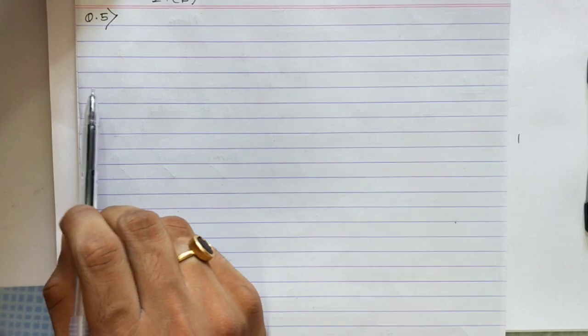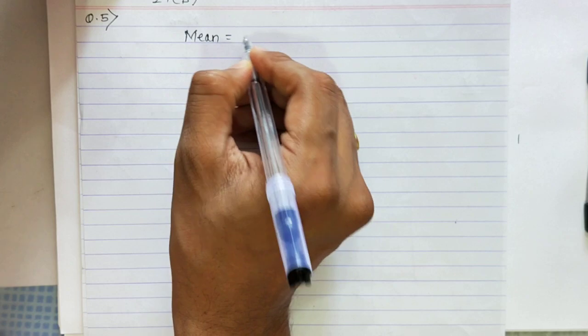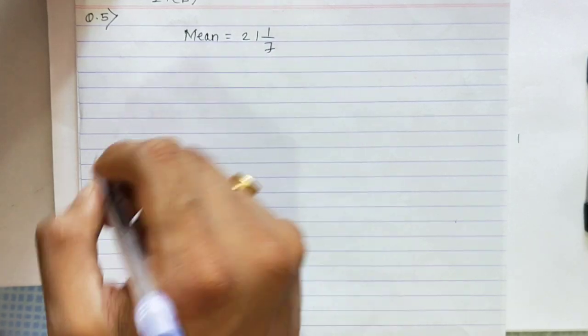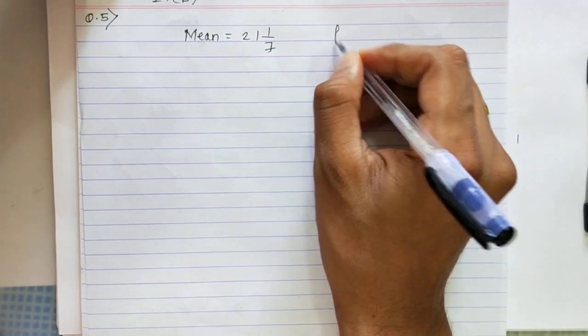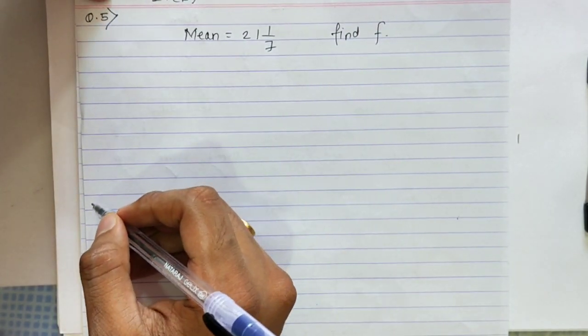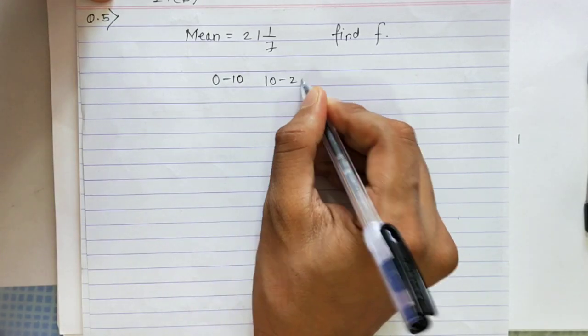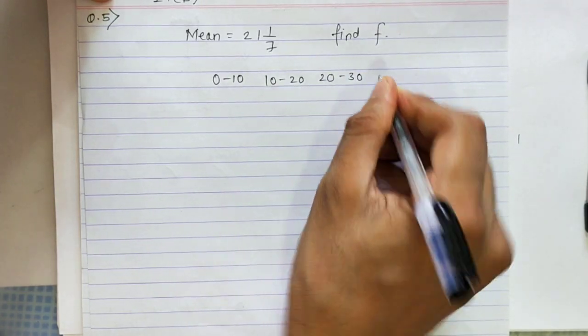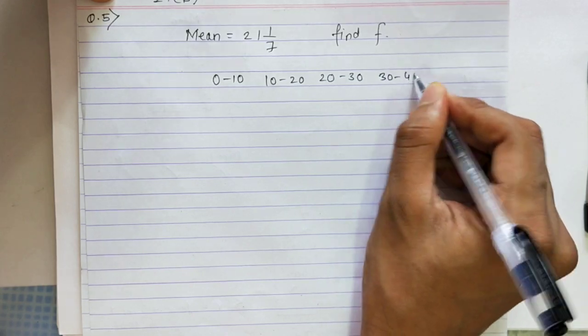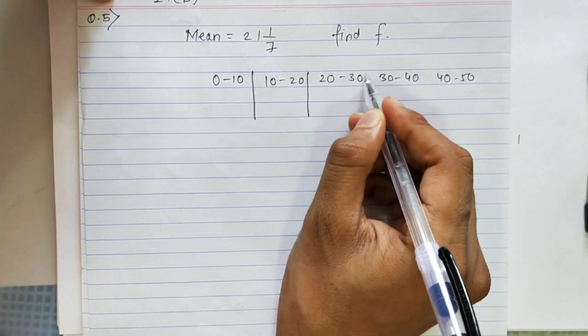So the mean of the following distribution is, the mean is already given, 21 1 upon 7. Find the value of f. The question is this, and the information given is 0 to 10, 10 to 20, 20 to 30, 30 to 40, and 40 to 50.